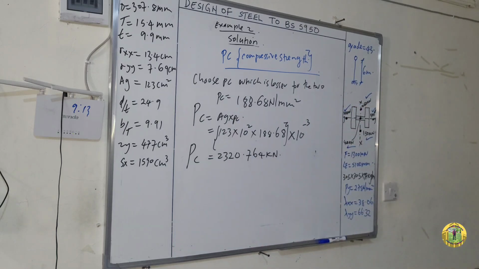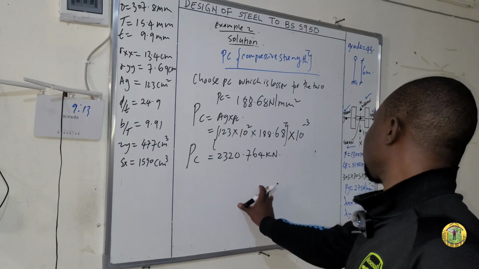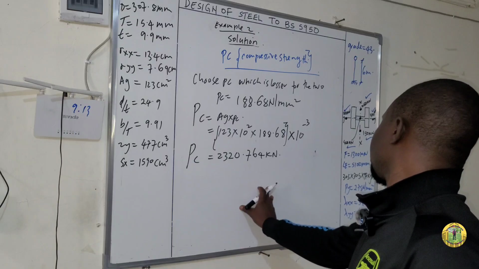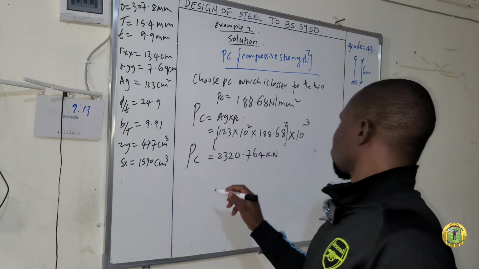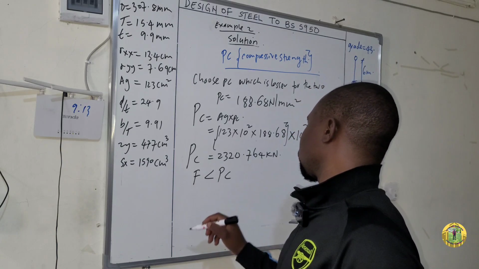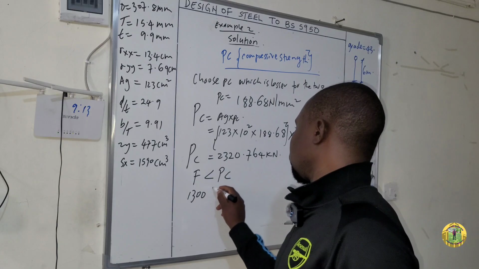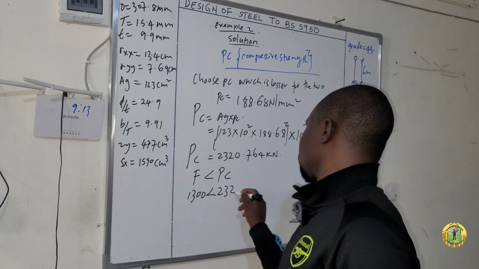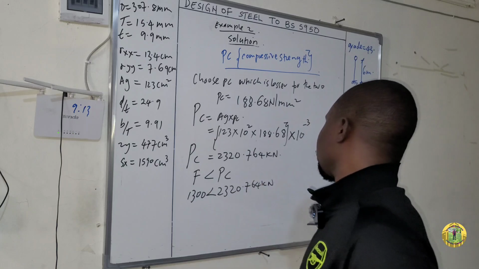kilonewton. Compare this PC with the applied load or applied force. The applied force is 1300 kilonewton. So you will say F is less than PC. So F, 1300, is less than 20.764 kilonewton.